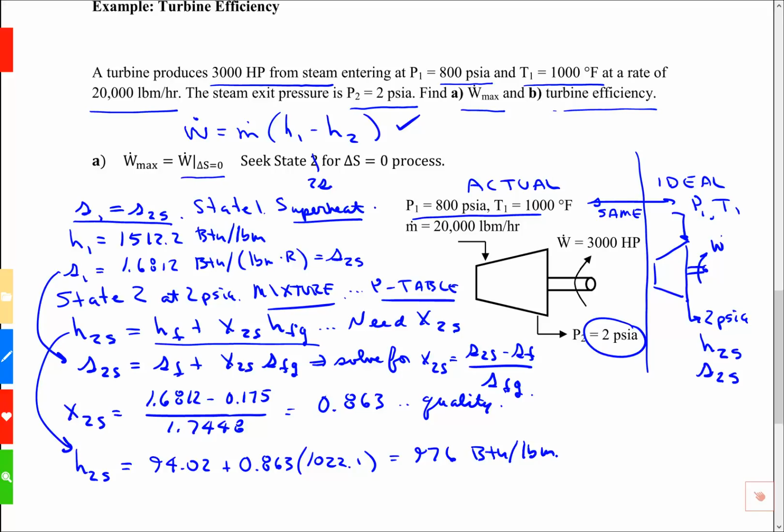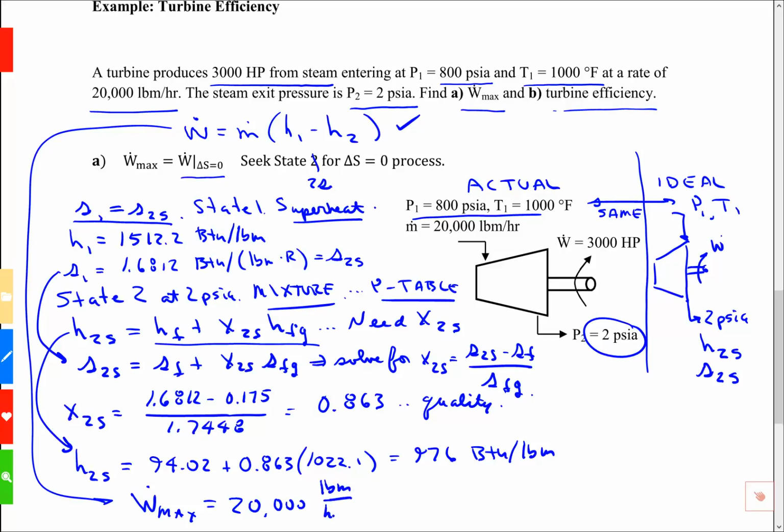All right, we're still working on part A. What's the maximum work? Well, we need this expression. W dot, I'll say maximum, is going to be the mass flow rate. We're given 20,000 pounds per hour. H1 we looked up was 1512.2.